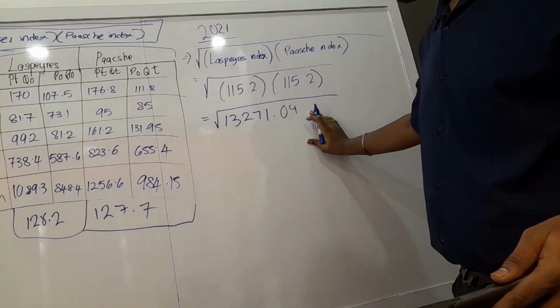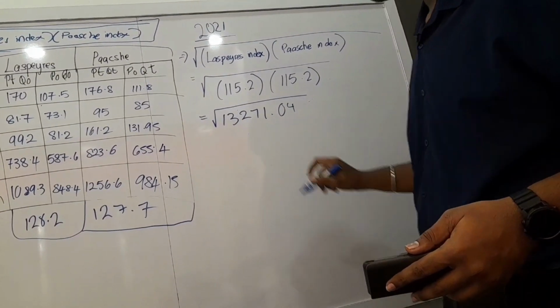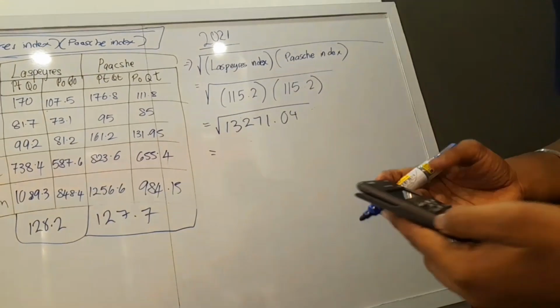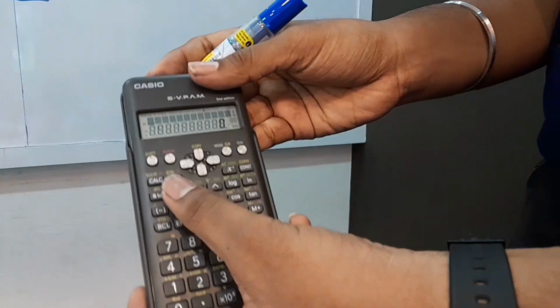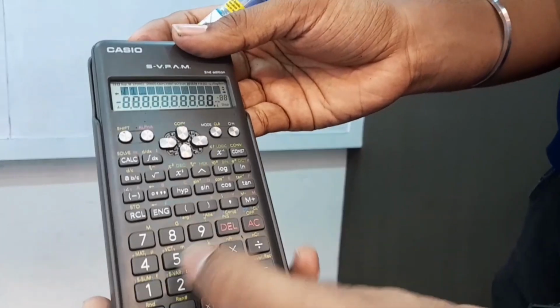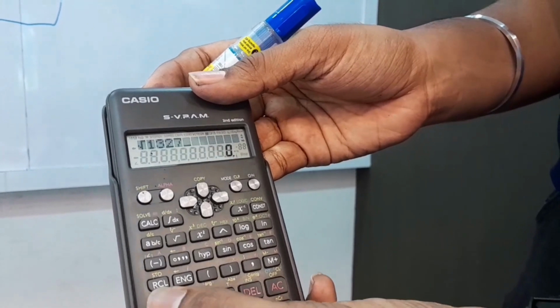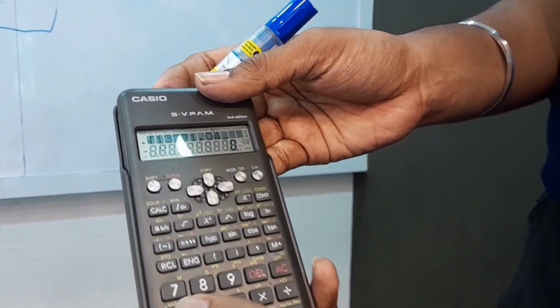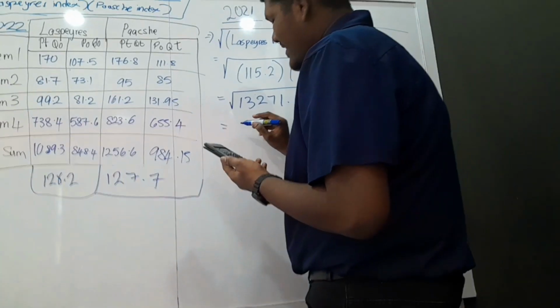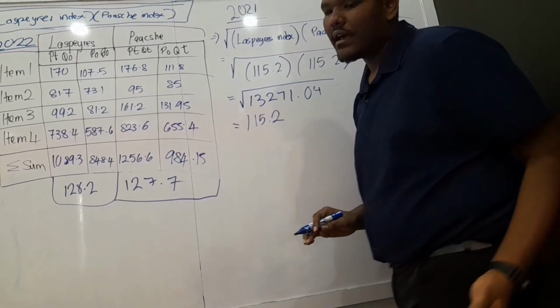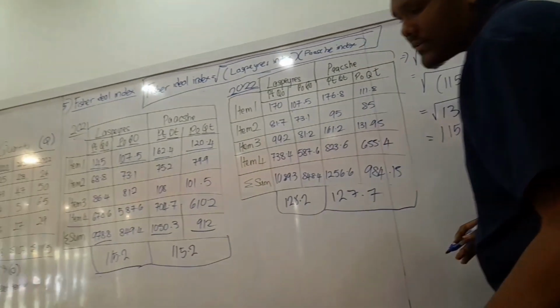For the Fisher ideal index, you have to take this. Now with this, we root the value. Click root and then 13271.04 equals the same answer, 115.2.